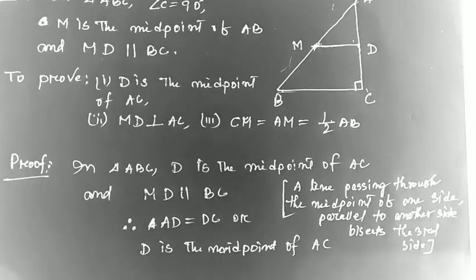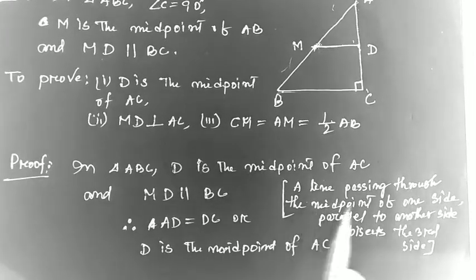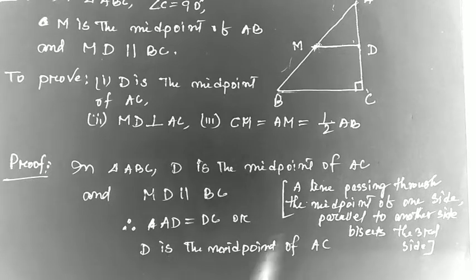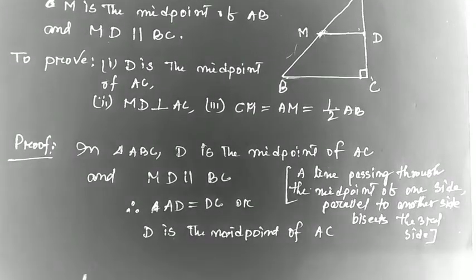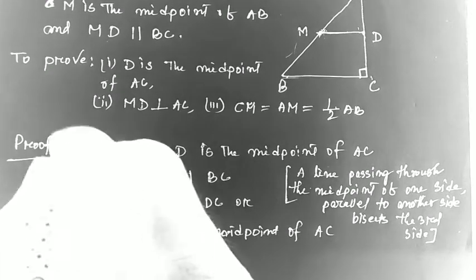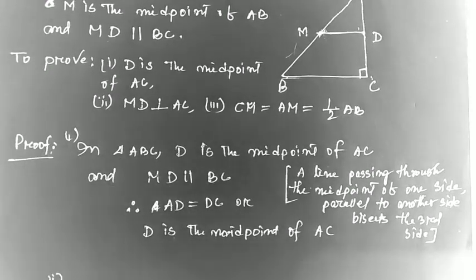Here you have to write these things. That means when a line passes through the midpoint of one side and is parallel to another side, then it will bisect the third side. So this is why D is the midpoint of AC. So number 1 is proved.